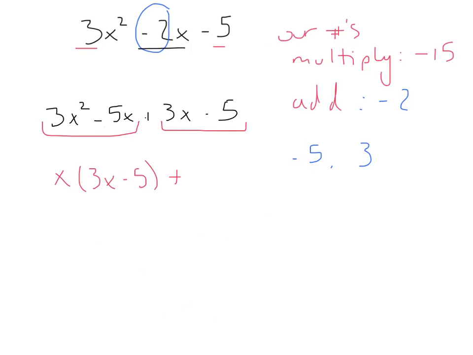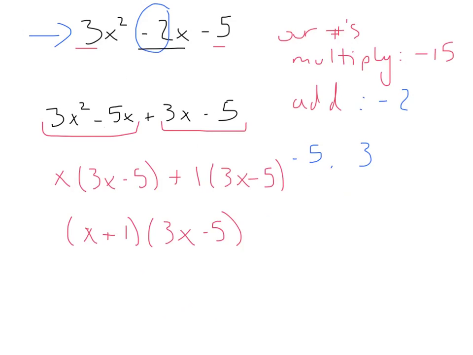Plus, okay, what's in common with the second? Nothing except a 1, so we've got 1 times 3x minus 5. So now, when I finish the factoring by grouping, I've got x plus 1 times 3x minus 5. And if you want to make sure I didn't make any mistakes, you can always FOIL this back out and check to make sure that you get what we started with way back up here.